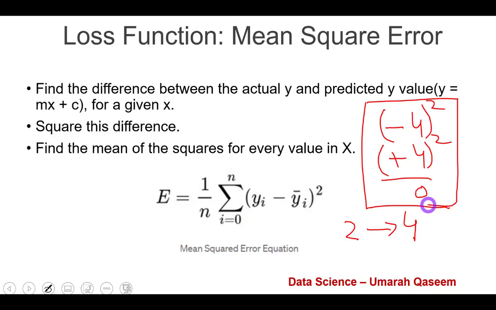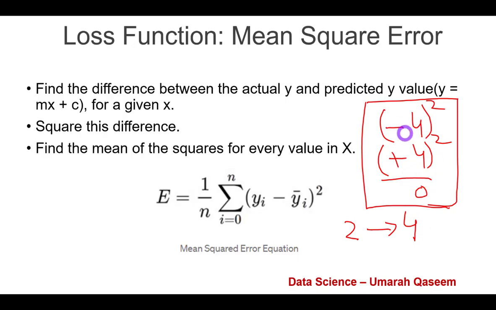And secondly, there is no harm in doing this because we just need to minimize the loss, right? Whether we minimize 4 or whether we minimize 2 doesn't make much of a difference, right? Our goal is to minimize it. So even if we square it and then try to minimize, it doesn't make much of a difference, right?